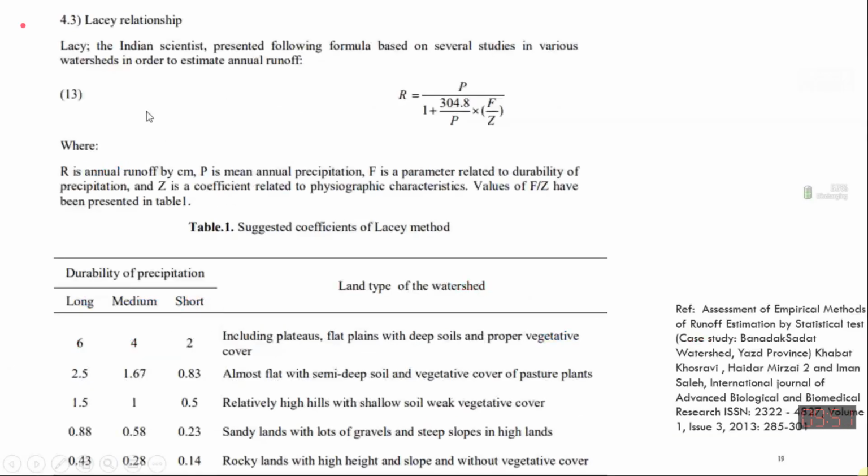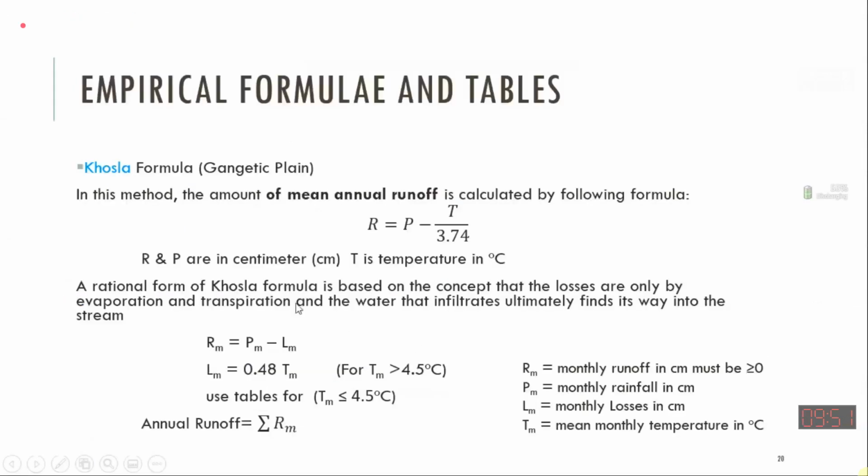Lacey, the Indian scientist, developed this for the Ganga Basin. He used the data of the Ganga Basin and then proposed this coefficient. Khosla, another scientist of this region, again for the Ganga Plains, proposed a temperature-based runoff formula: runoff is precipitation minus T over 3.74.